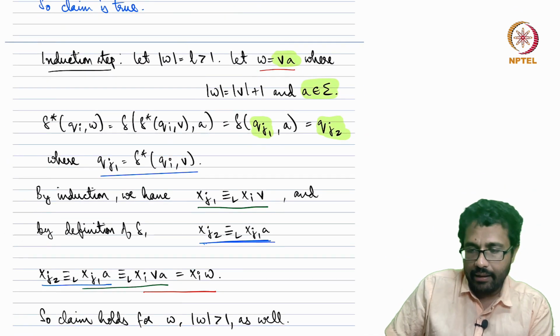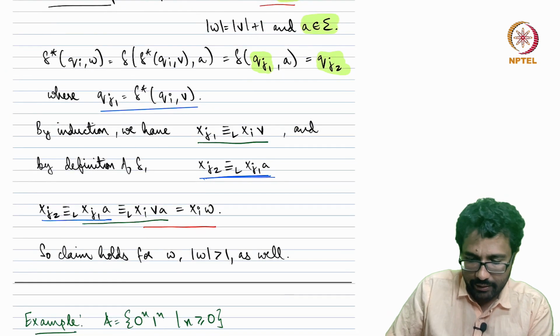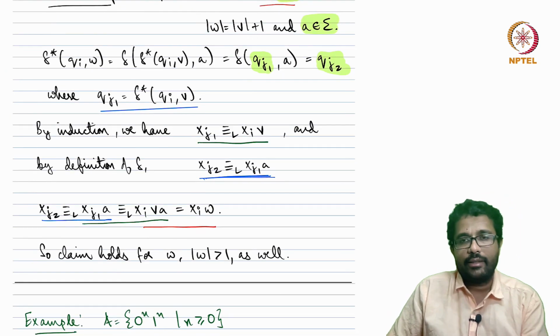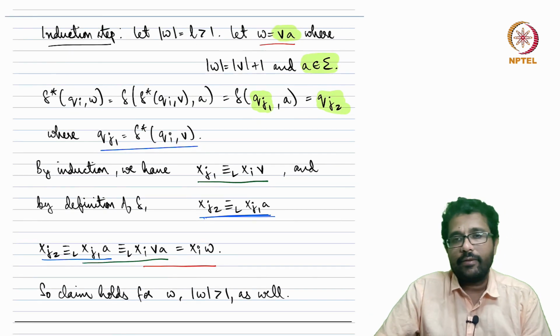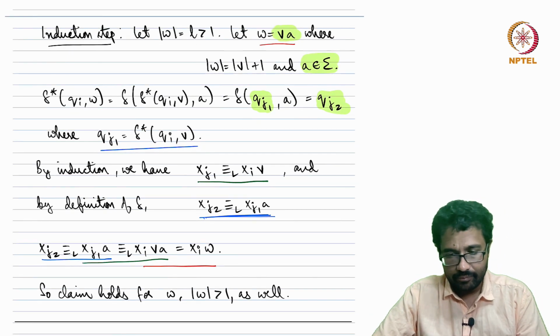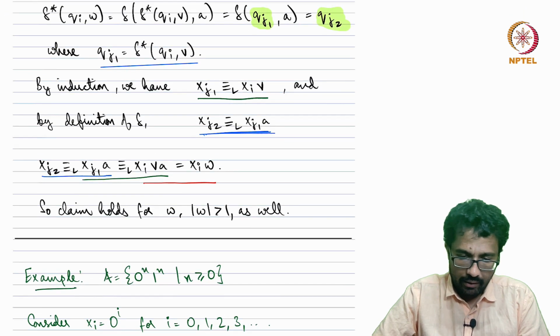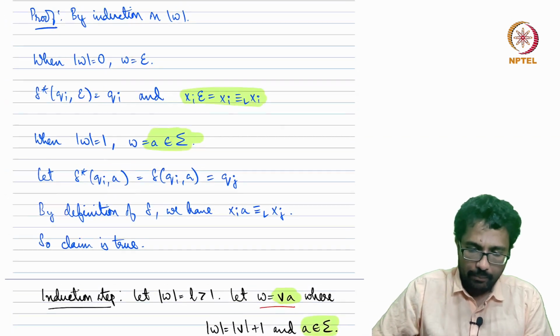Here the state that it went to was Qj2, and we are saying that Xi w is equivalent to Xj2. So the claim holds in the inductive step as well, and that completes the proof.